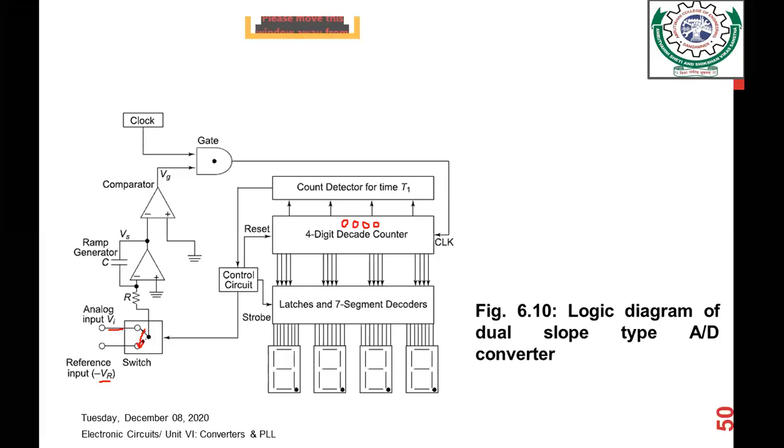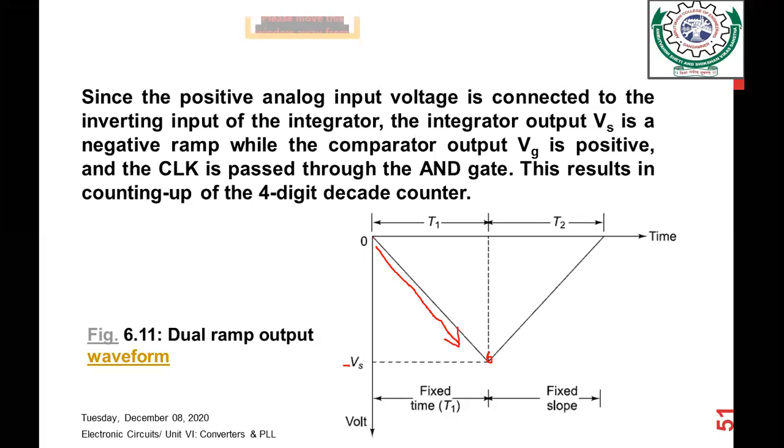The ramp generator begins at minus Vs, but as we have applied the negative reference voltage to the inverting terminal, the resultant signal goes to the positive direction, and the ramp output increases upward until it reaches 0. So it travels from minus Vs to 0 volt.